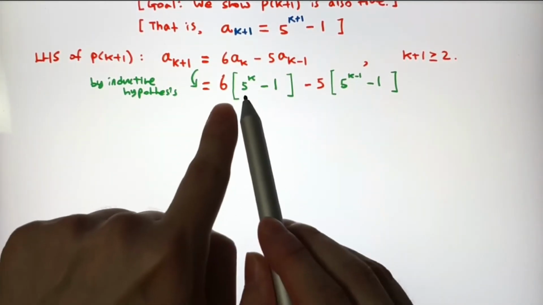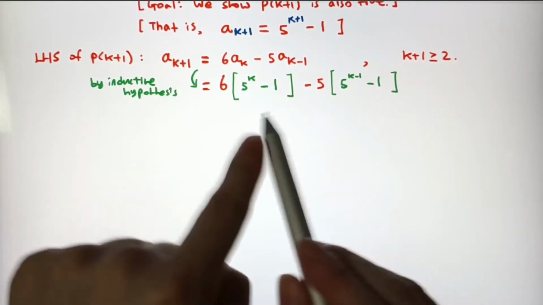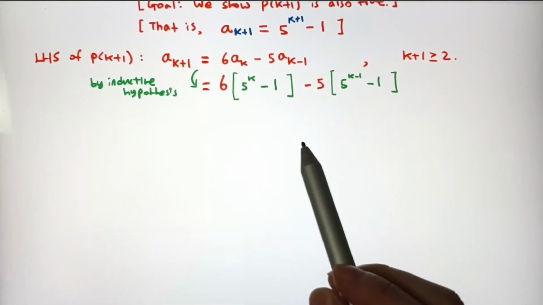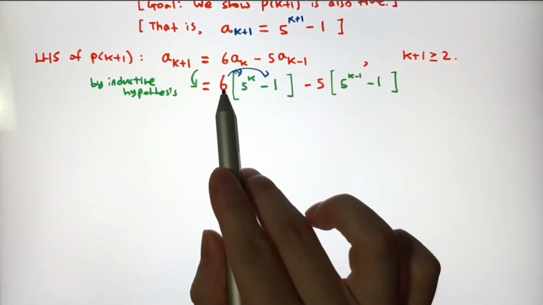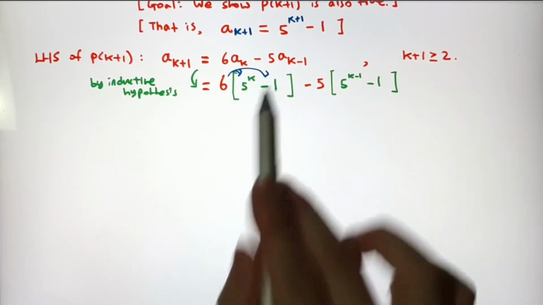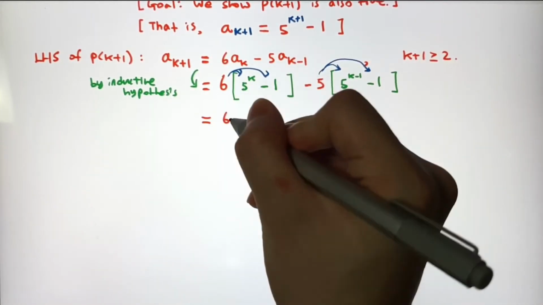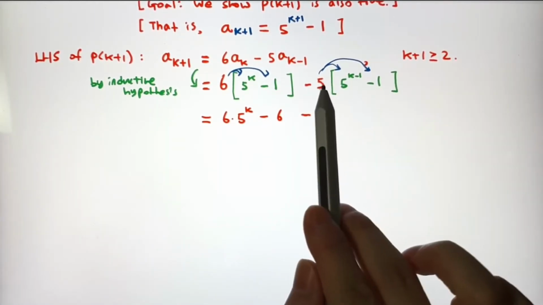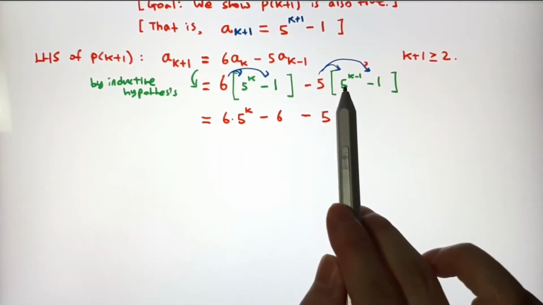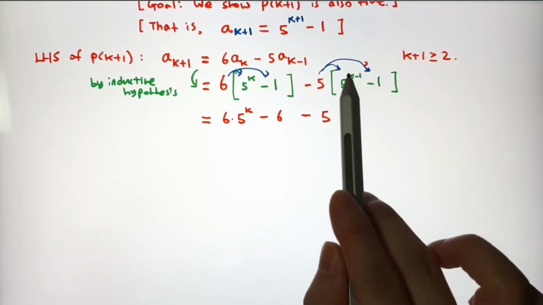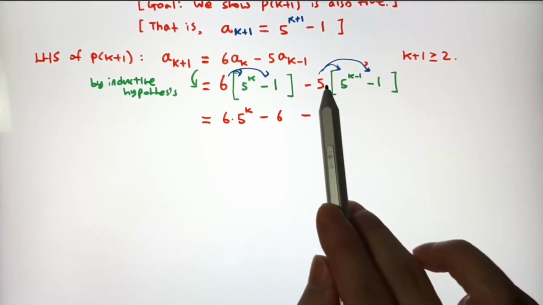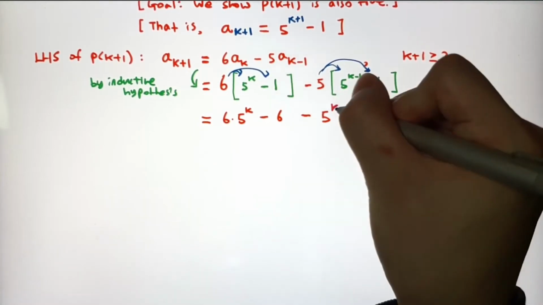Okay, now let's do some math, simplifying this expression using algebra. First, I'm going to distribute 6 times this and 6 times this, and then the same thing for the other factor. We get 5 times 5 to the power of k minus 1. This k minus 1 becomes just k because we have the same base 5.